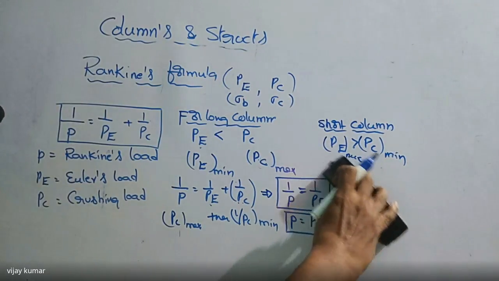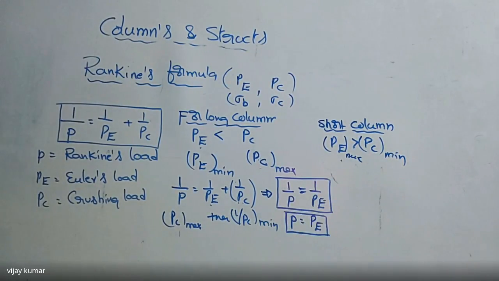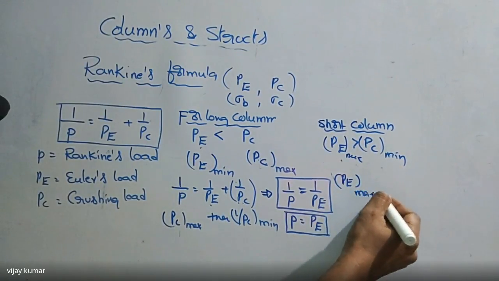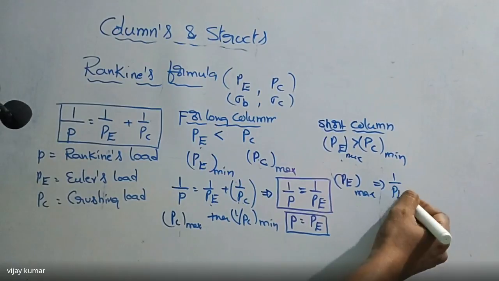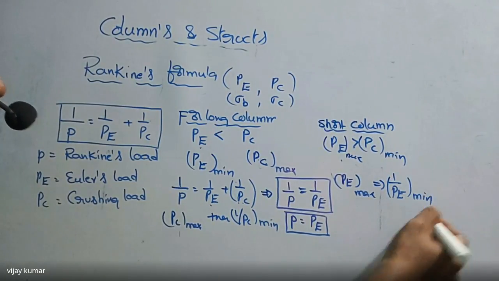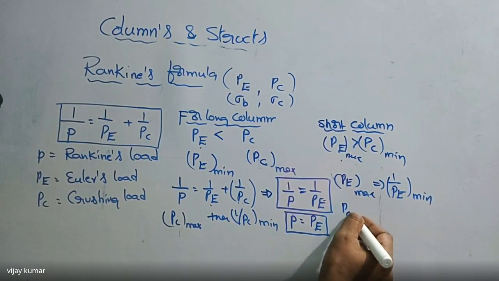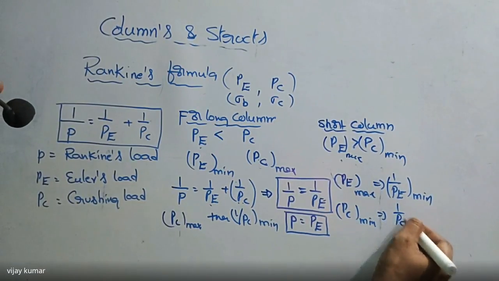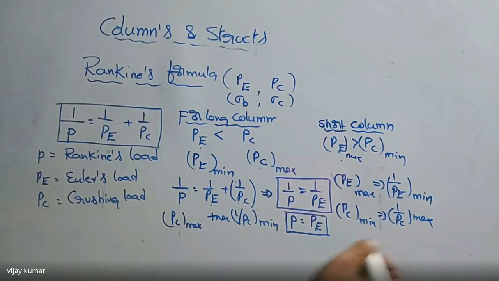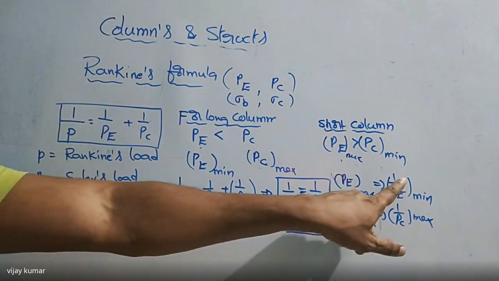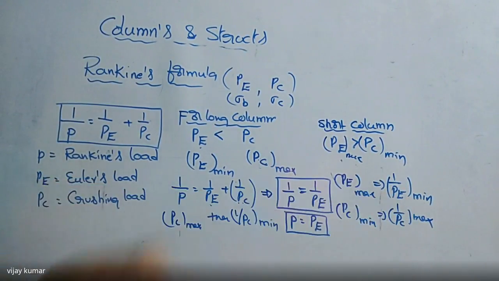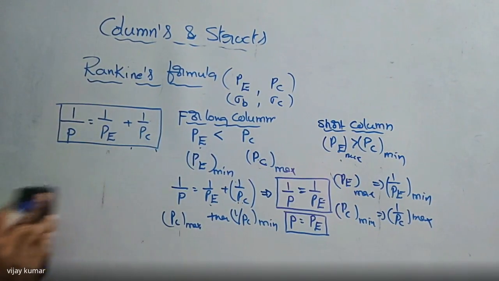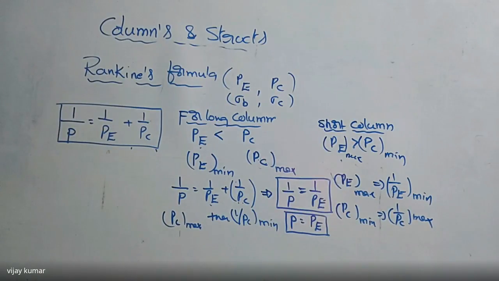So when P is maximum, 1 by P is minimum, and when PC is minimum, 1 by PC is maximum. So I'm going to neglect 1 by P because it is minimum, and write that formula here for a short column.